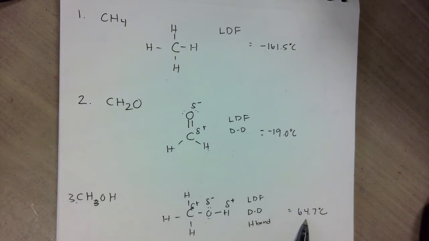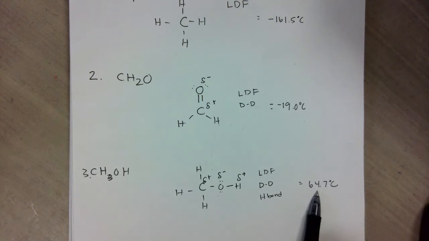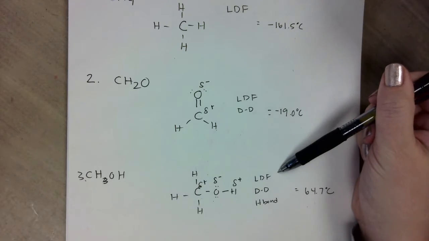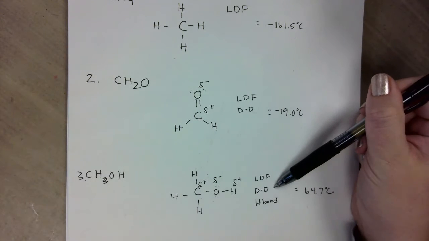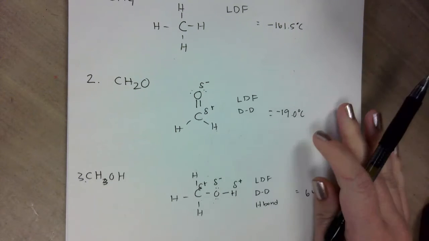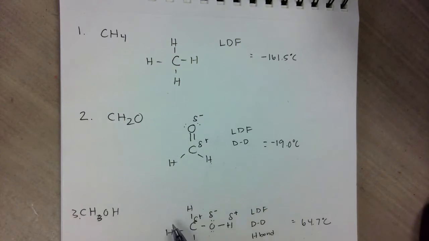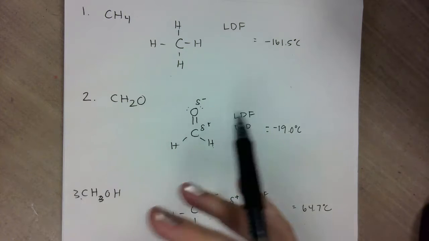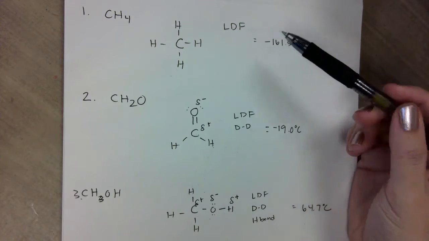So I want to explain why this is the highest boiling point here. If I look, I have the ability to hydrogen bond, I have dipole to dipole interactions, and I have London dispersion forces. Compared to these guys, which are roughly the same size, we don't have some huge molecule or anything like that.